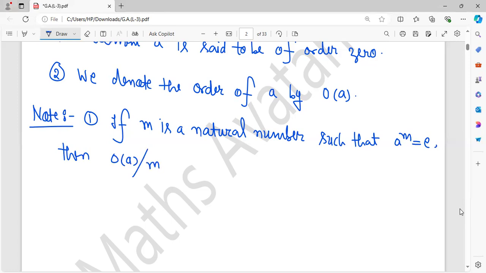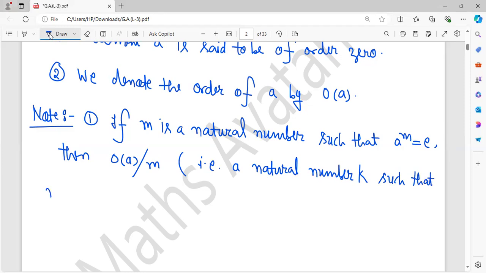It means there exists another natural number k such that m is equal to k times order of a.